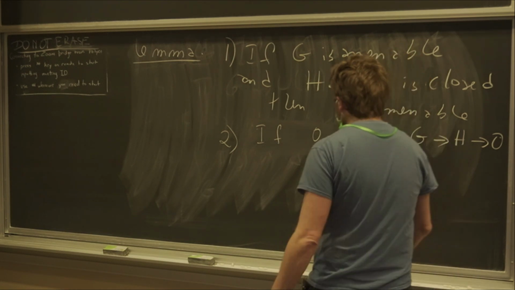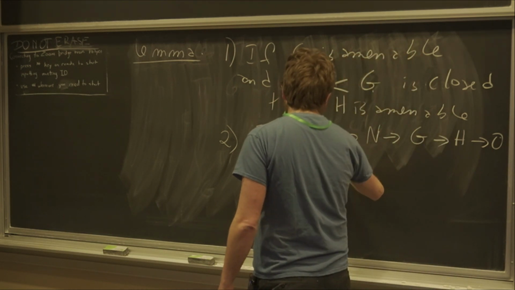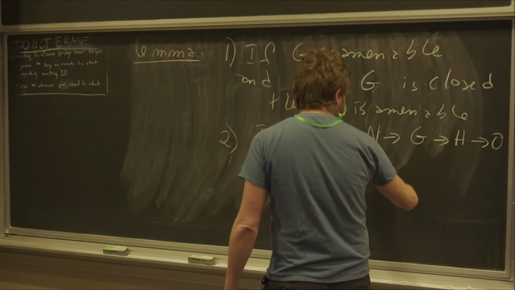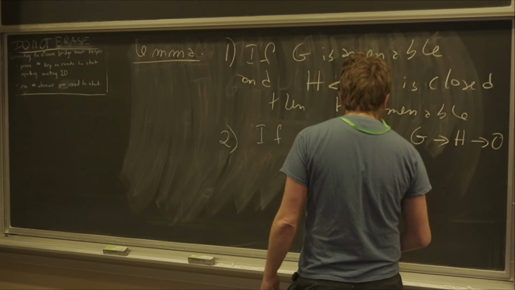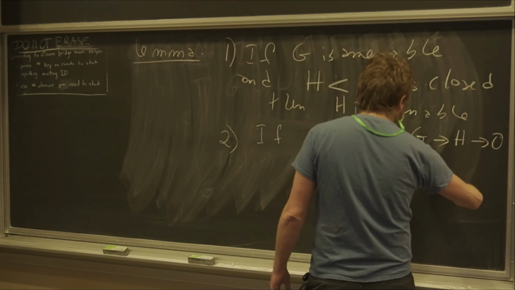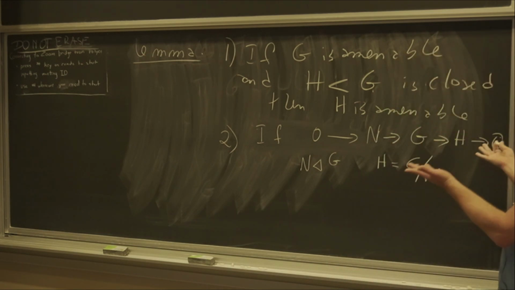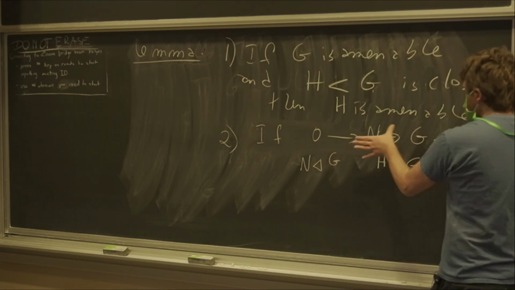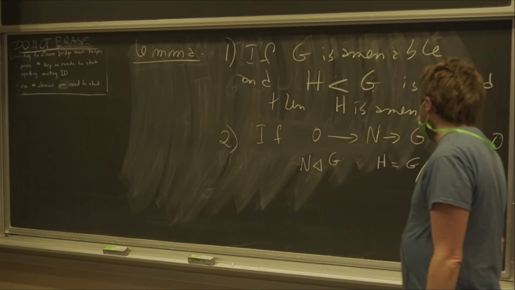A different way of writing it is: N is normal in G, N is closed, H is G mod N, so this is a different notation for this business.